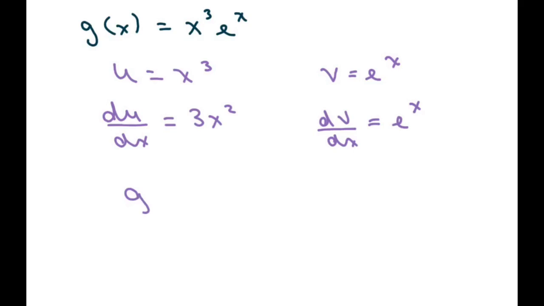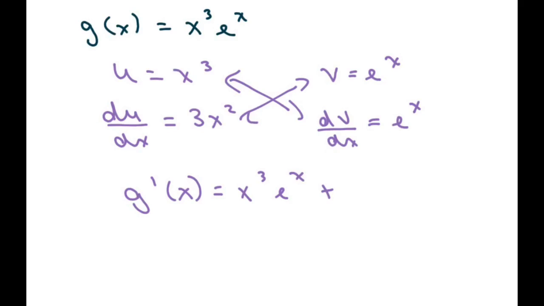So my derivative of g is just going to be, I'm going to multiply these two. It's going to be x cubed times e to the x. And I'm going to multiply those two. 3x squared times e to the x.